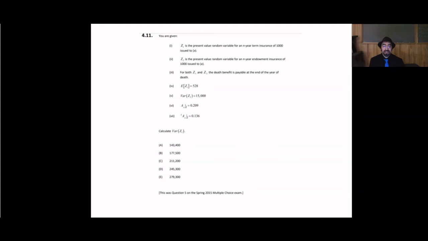So the expected value of the endowment is 0.209 times the sum insured, and the expected square value of the pure endowment is 0.136 times the square of the sum insured. Anytime you have this square, the 2, that is going to scale with the square of your sum insured.